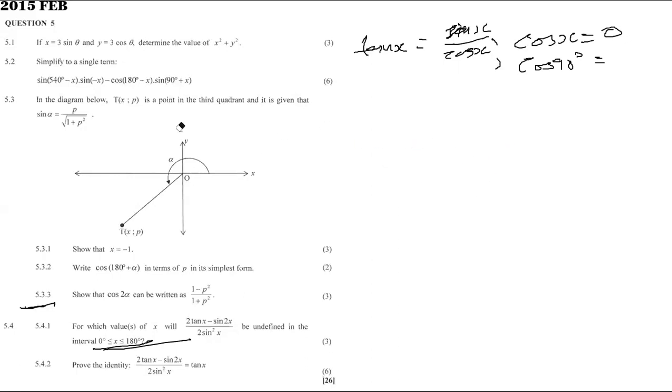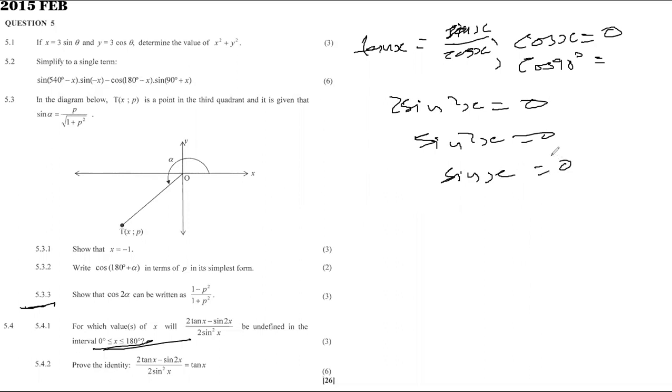Cool. Now we've got to also look at the denominator. In the denominator, we don't want this thing to be 0, because if it is 0, then the expression will be undefined, since division by 0 is undefined in mathematics. So you can see that sine squared x is 0, and so sine x is 0. Plus or minus does not matter at this point because you never get a positive or negative 0. 0 is very neutral.